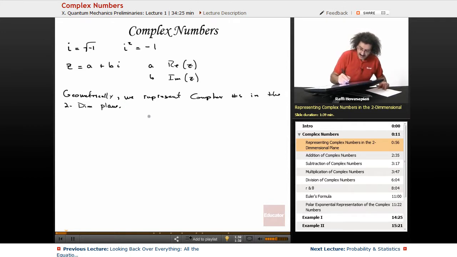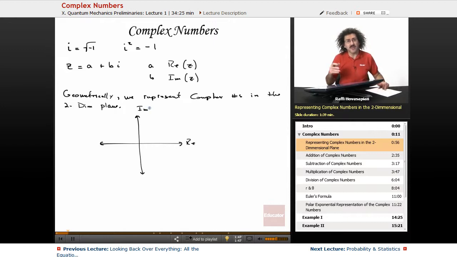So we have something like this. This is the real axis, the real number line that you're used to, and here we just call it the imaginary axis. So again, this is just a pictorial way of actually representing a complex number.